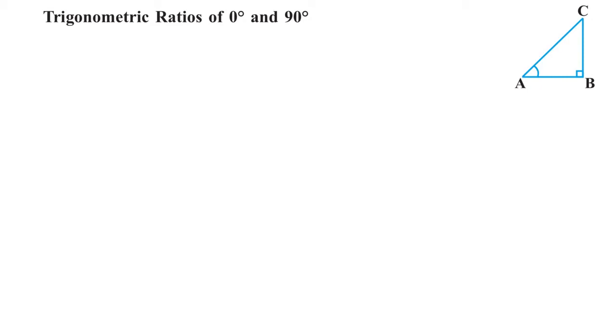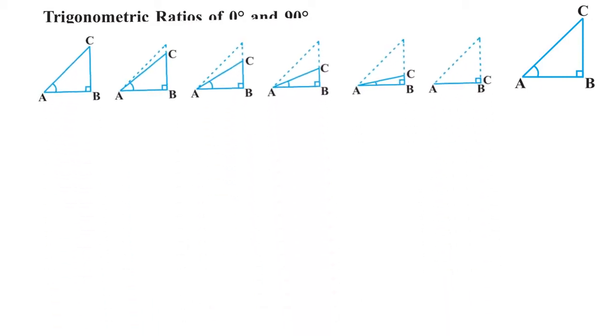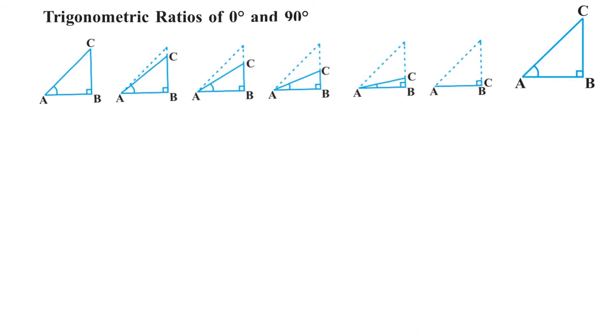If you observe, when angle A becomes smaller, BC starts reducing. As angle A goes closer to 0, the length BC is also decreasing. And finally, when angle A becomes 0, BC has also become 0 and AC becomes equal to AB.